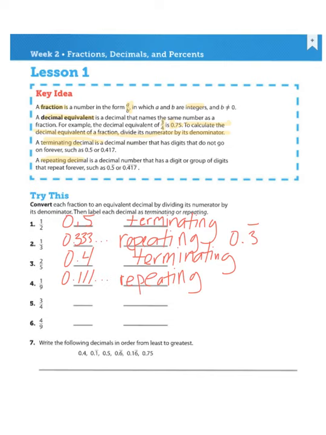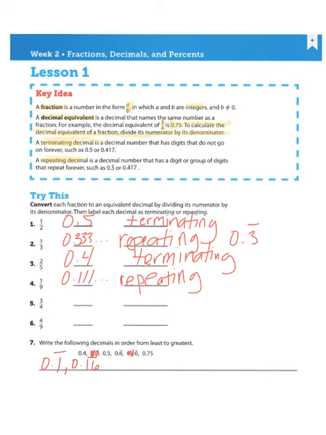So my smallest decimal there is going to be 0.1 repeating, because 1 is obviously the smallest number there after the decimal point. So I'm going to cross that one off. The next smallest one, or the next biggest one, however you want to read it, after 0.1 would be 0.16 repeating.